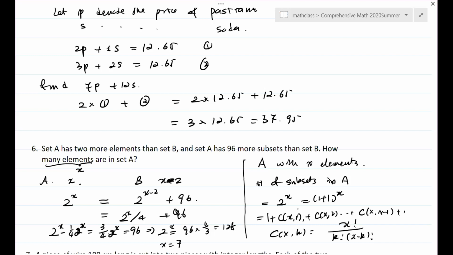Once you get that, you get the equation based on what you're given. How to solve this equation is a little bit tricky. You have to express 2 to the x minus 2 as 2 to the x divided by 4. Then you solve for 2 to the x, which is 128. Then you find x. Okay, that's the steps here.